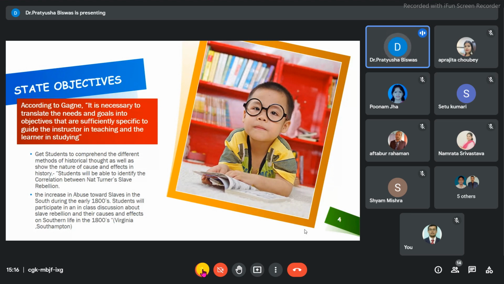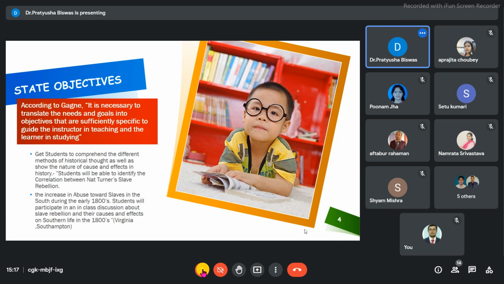Because if we are clear about what we are going to do, automatically the end product will be much clearer and more specific to what we are looking for. As I told you, I have taken Nat Turner's history book, which was available in the open education resources.